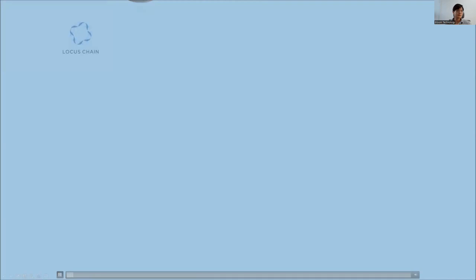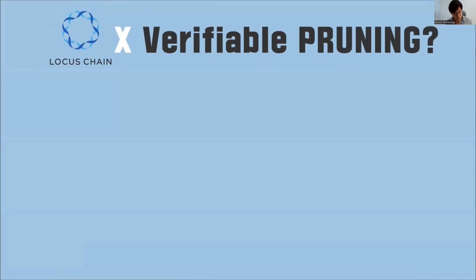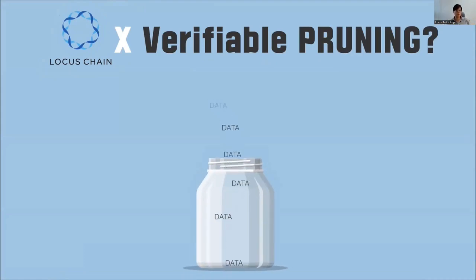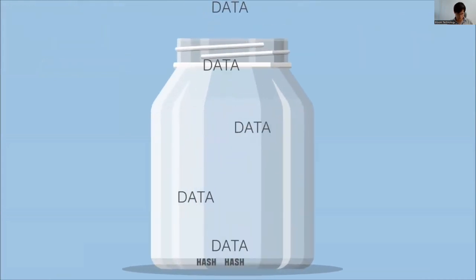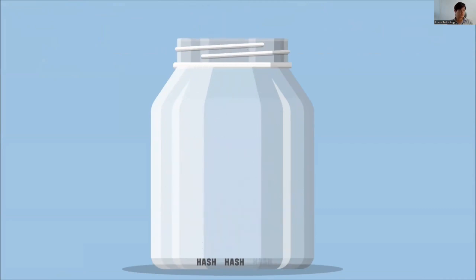So what is Locus Chain's verifiable pruning? Verifiable pruning is an exclusive technology of Locus Chain that can verify the validity of previous data with only the latest hash value. Using a mathematical data structure, hundreds of gigabytes of data can be reduced to tens of kilobytes in a high-speed blockchain network, while providing complete data verification.